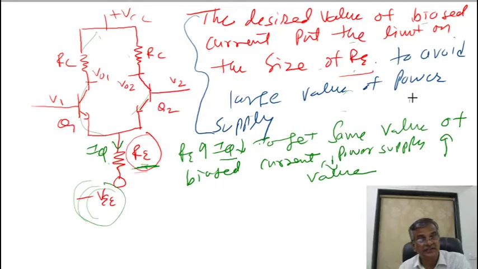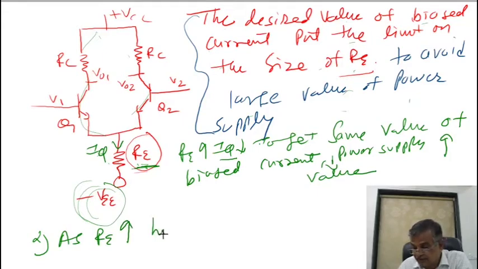Now, as you increase this, a second problem is also created. So, what is the problem? The second problem is that as RE increases, the input resistance hie is also increased.